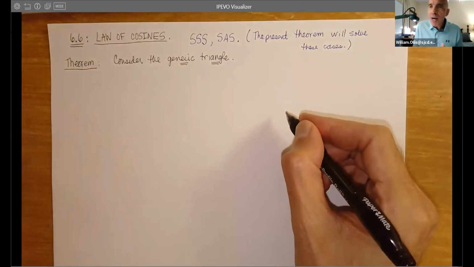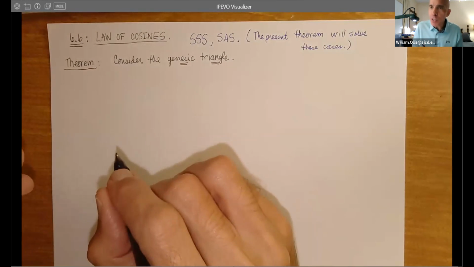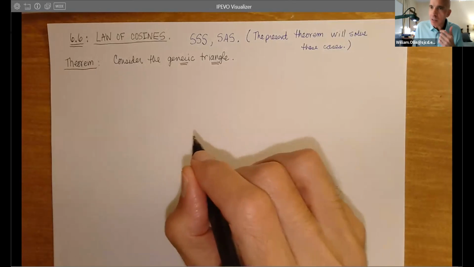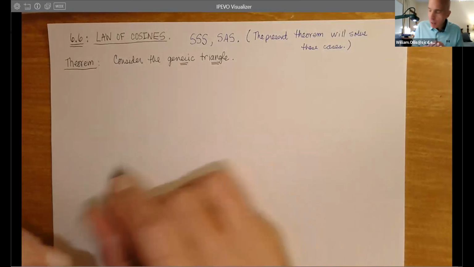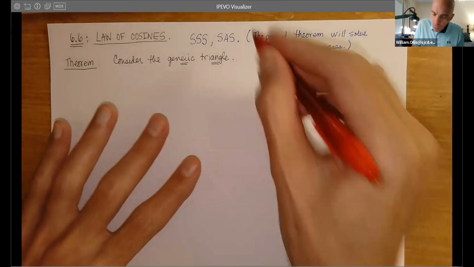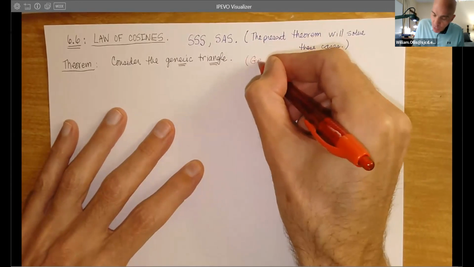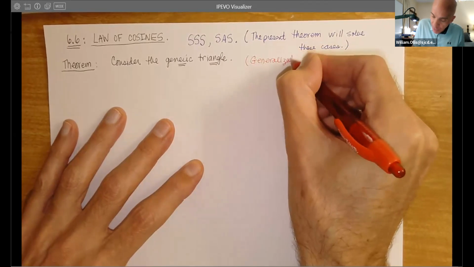Now, what I want to do in this case is provide some type of explanation for the obtuse case, and then we can look at a corollary of this particular theorem. Now, one thing we often call this, we call this the generalized Pythagorean theorem.